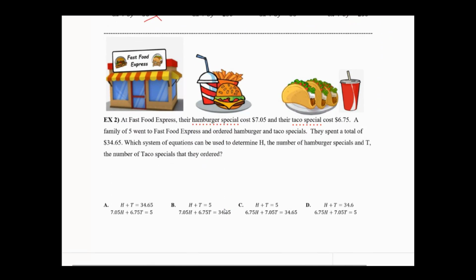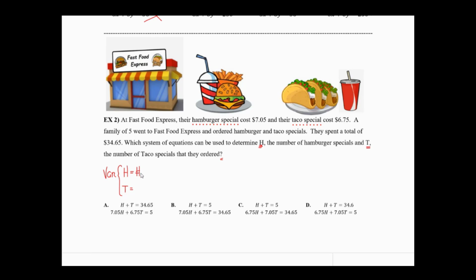Here's example number 2. By looking at the question, you can find the variables, okay? So even before reading the problem, I can identify the variables. And why is this important is because we're becoming accustomed to the language that the STAR test presents the questions to you. So right there, we know that we have H and T. And right there, we know that H is going to represent the number of hamburger specials.